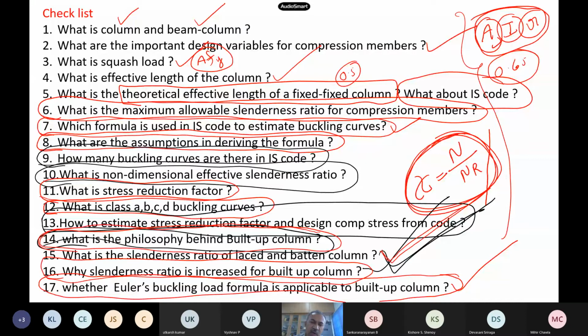Euler's buckling load, how did we derive pi square EI by L square? What deformation was considered? What was the equation which you solved?